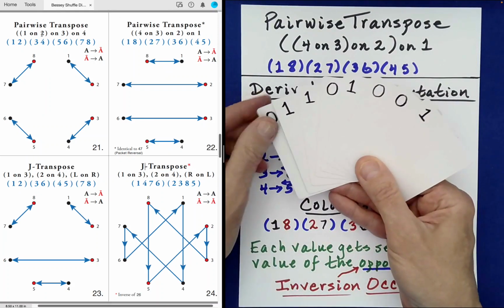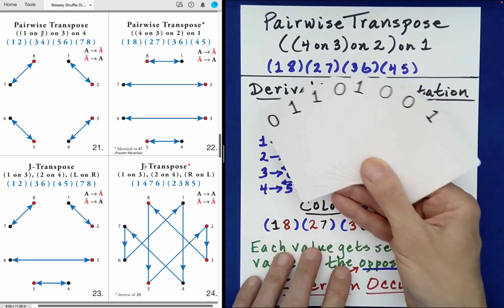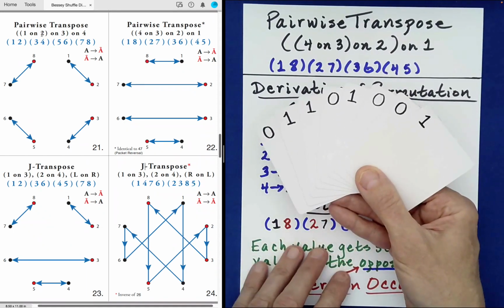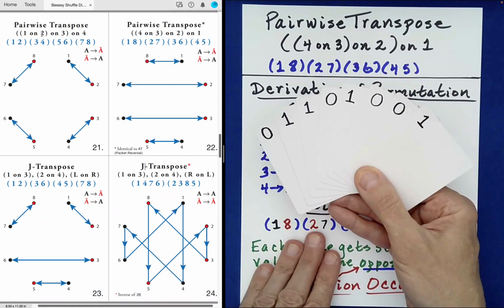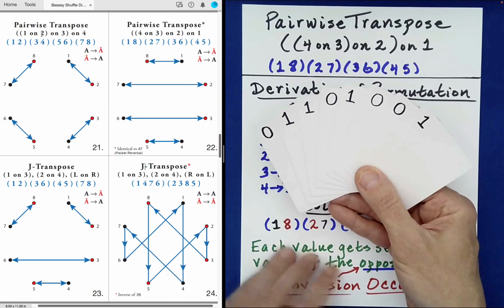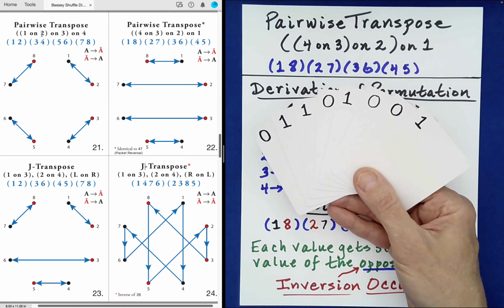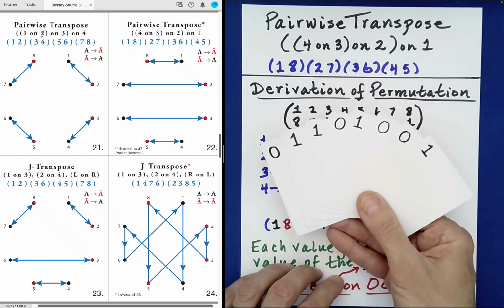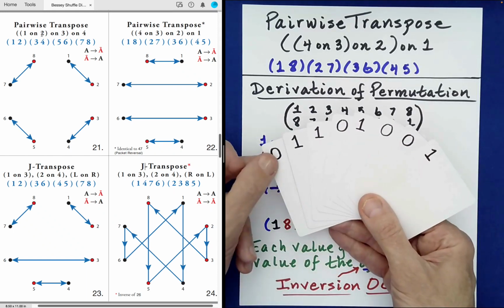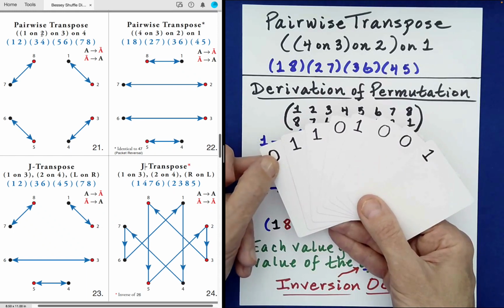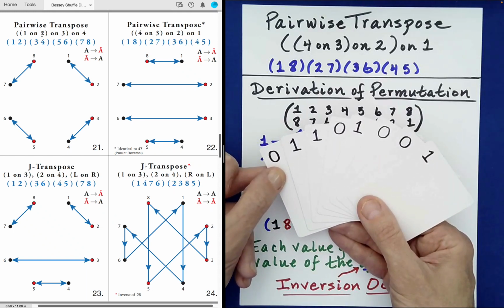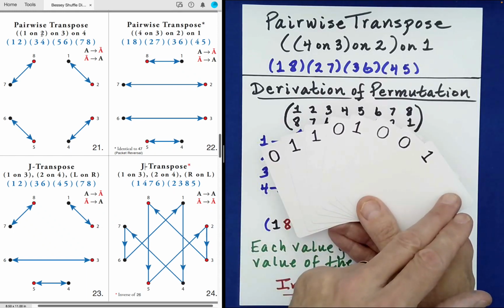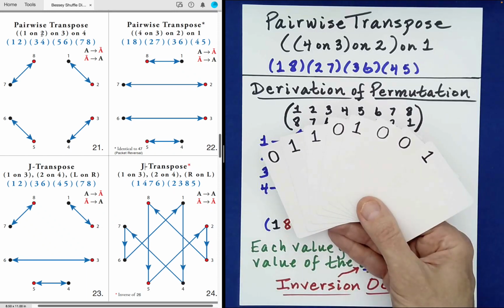So looking at this sequence here that resulted from the pairwise transpose in which we stacked from right to left, let me just point out the zeros and ones switched places in some fashion. But in particular, what has happened is the first position card, which used to be a 1, got switched with the 8th position card, which used to be a 0.